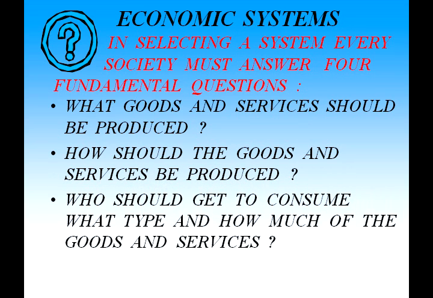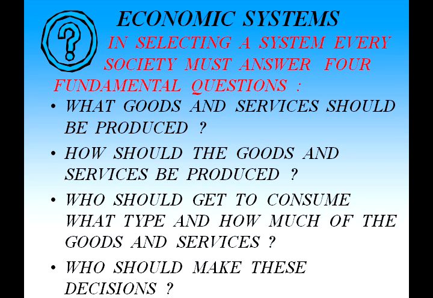The third, who should get to be able to consume what type and how much of the goods and services that wind up getting produced? And the fourth is, who should make the decisions with regard to these first three questions? Let's take a look at each one of these questions in a little bit more depth to make sure you understand what we're looking to get answered here.